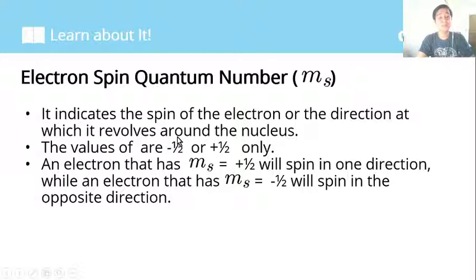What are the possible values? The possible values for the spin quantum number are only 2. It's either -1/2 or +1/2. An electron that has a value of +1/2 will spin in one direction, while an electron that has a value of -1/2 will spin in the opposite direction.